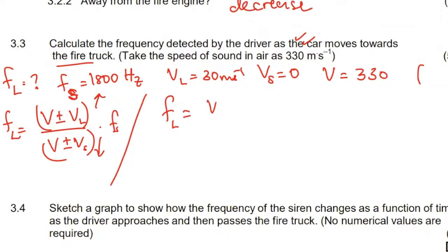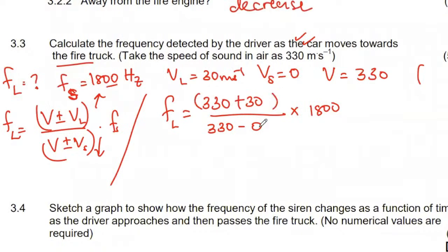Now let me do the substitution. It's 330 plus the velocity of the listener, which is 30, over 330 minus the velocity of the source, which is 0. Then I multiply this by the frequency of the source, which is 1.8.